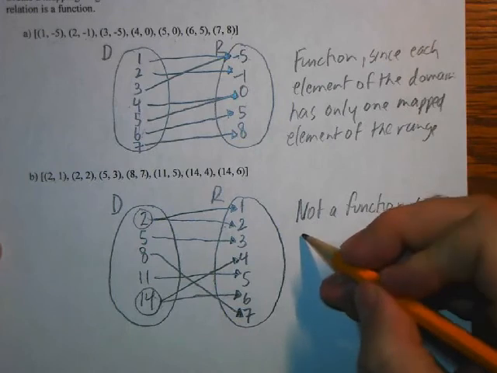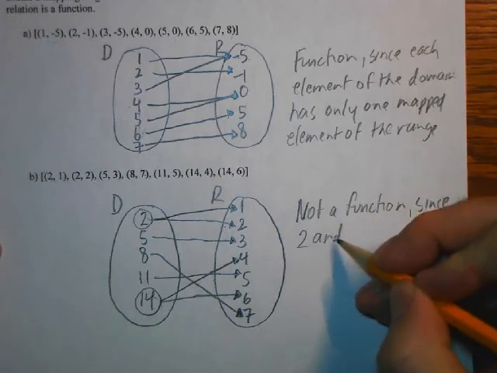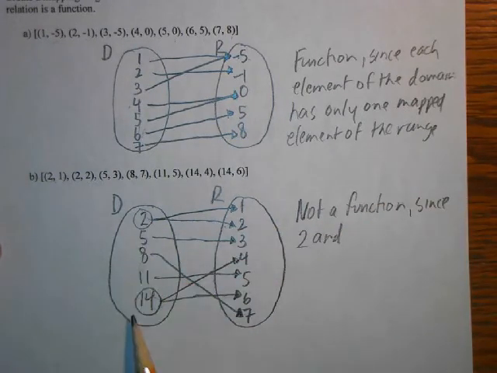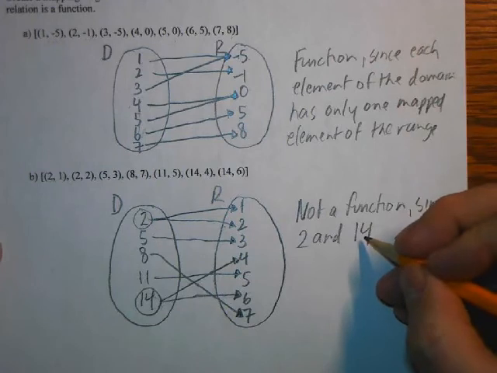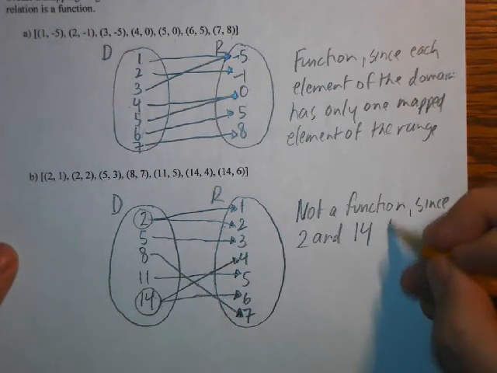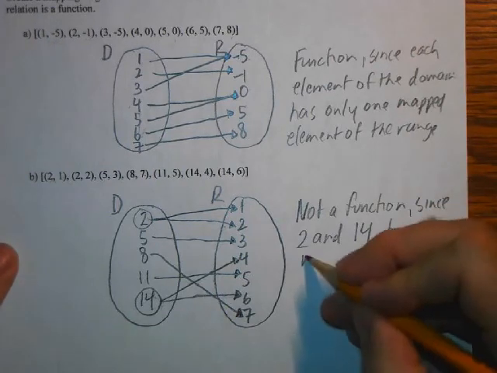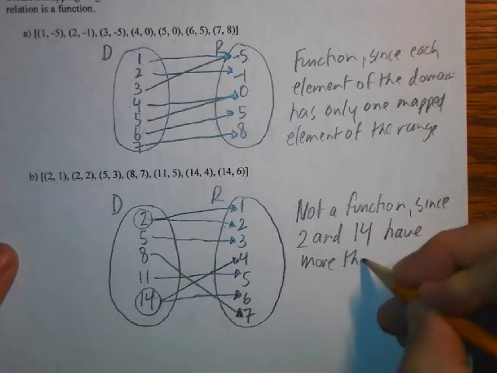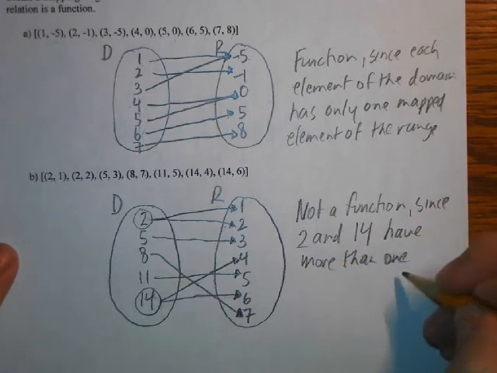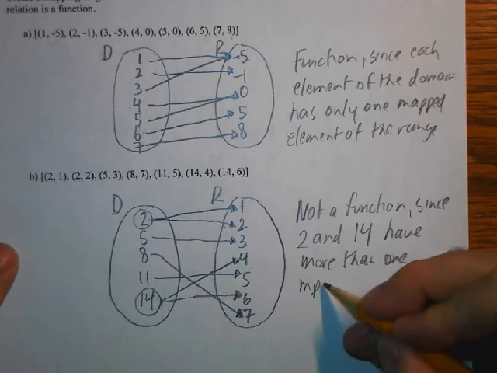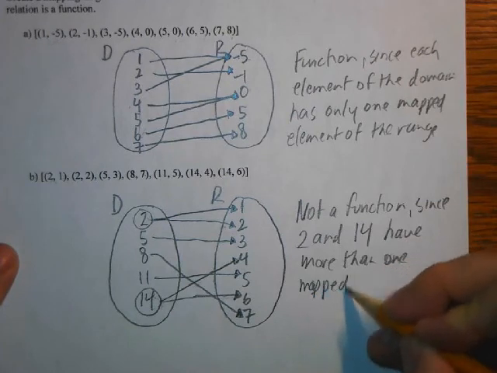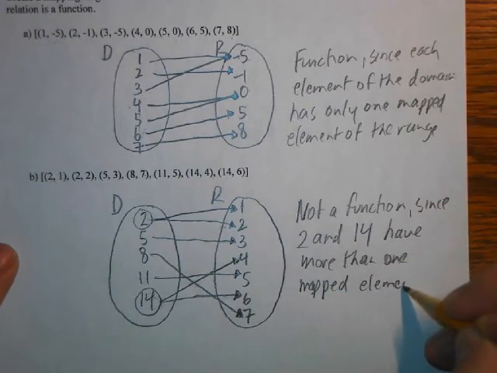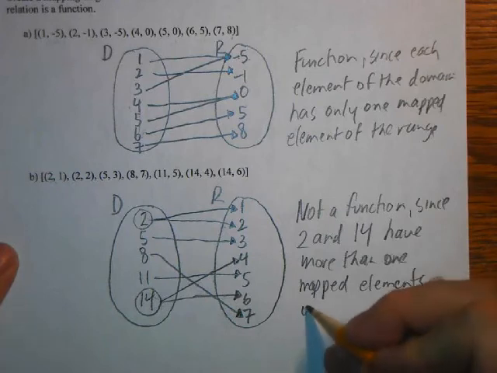Since 2, and we can use the numbers, the elements that were violating the rule, 2 and 14, have more than 1 mapped element of the range.